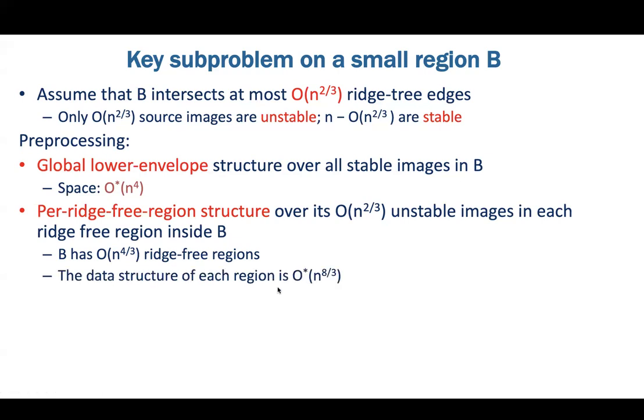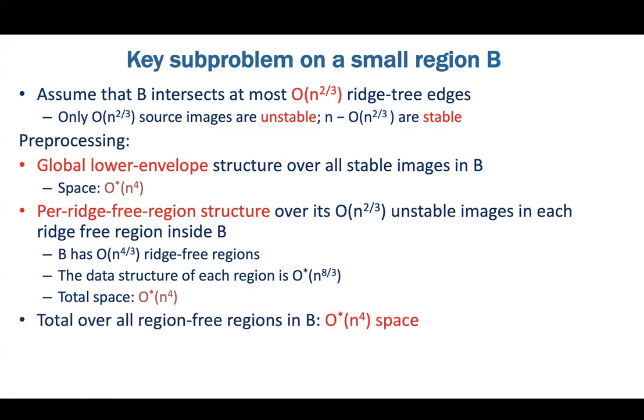For the data structure of each region, we only consider unstable source images. It has this many source images, then you times 4, and that becomes n to the 8/3 for each region. Therefore the total space is this times this, so you get n to the 4. That makes these two the same, which is why we pick this parameter. So the total over all ridge-free regions in B is now n to the 4th space.